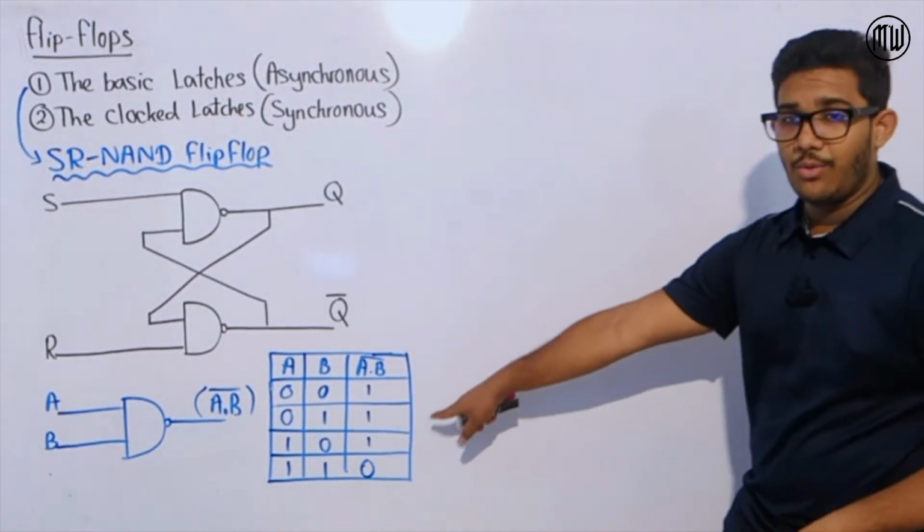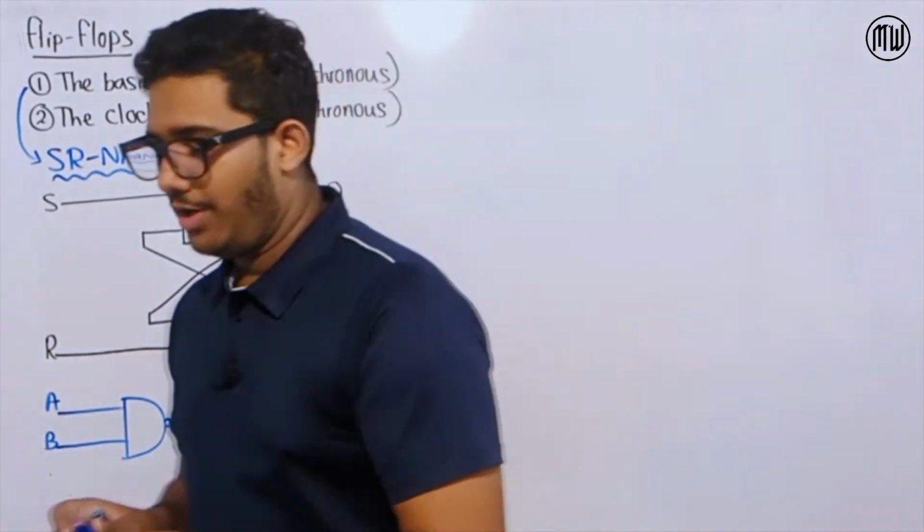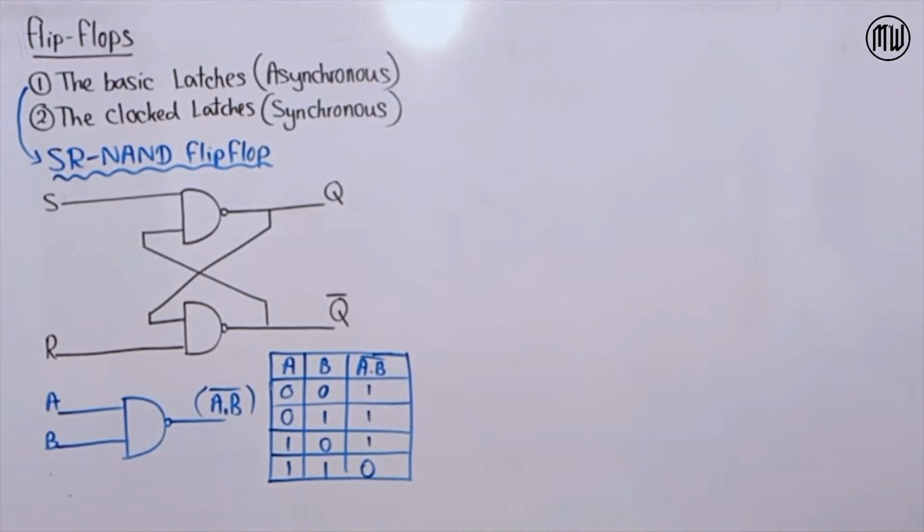So here's how we usually draw a truth table for an AND gate, right?